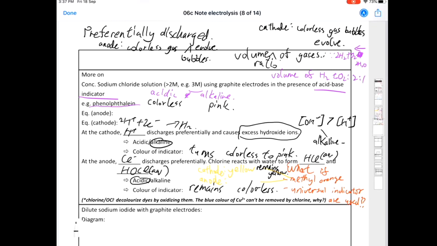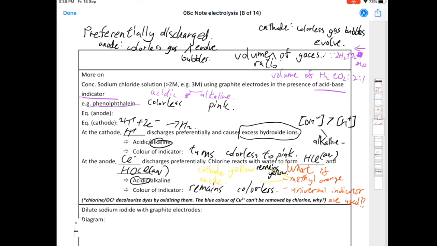Do you understand? Originally it is neutral yellow; becoming more alkali is still yellow, so it will remain yellow in color. The explanation is just the same: H plus is discharged preferentially and then causes excess hydroxide ion, so that the solution will become alkali.